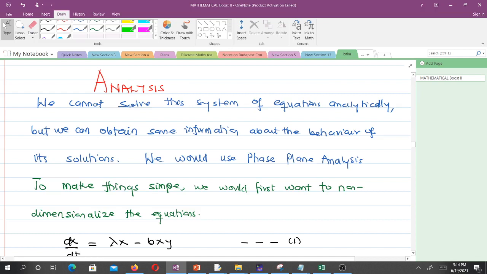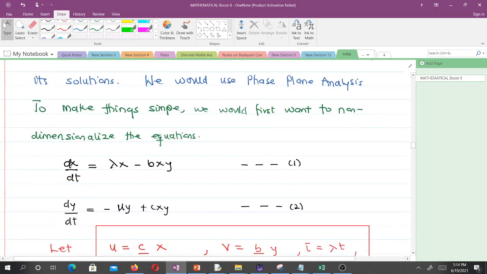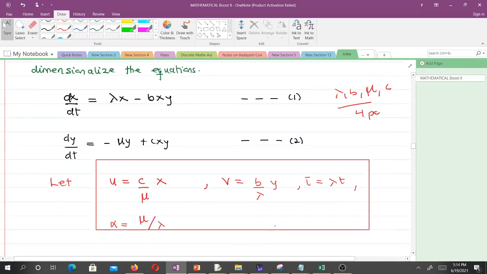But to make things very simple for us, we would first want to non-dimensionalize the equations. Okay, so you could see that when you take these two equations, we have lambda, b, mu and c. We have 4 parameters, and we want to non-dimensionalize it to reduce the number of parameters, and also to make the equation very simple.